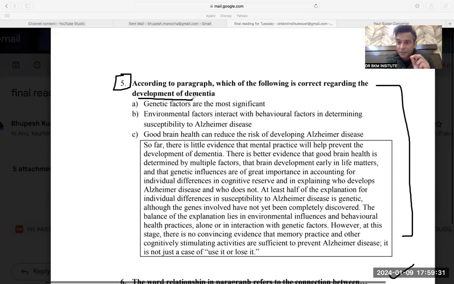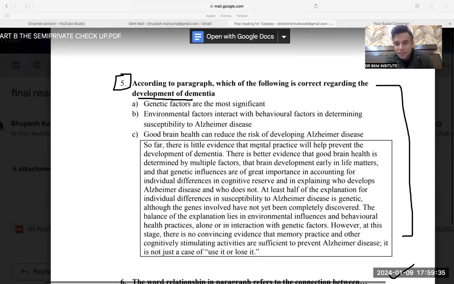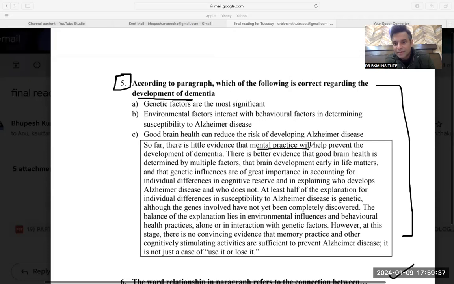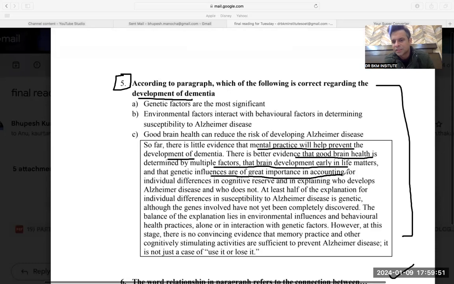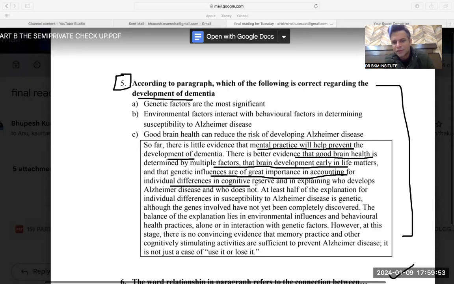As I said, the most important keyword is development of dementia. There is little evidence that mental practice will help prevent the development of dementia. There is better evidence that good brain health is determined by multiple factors, that brain development early in life matters, and that genetic influences are of great importance in accounting for the individual differences.